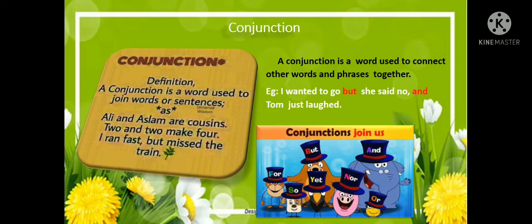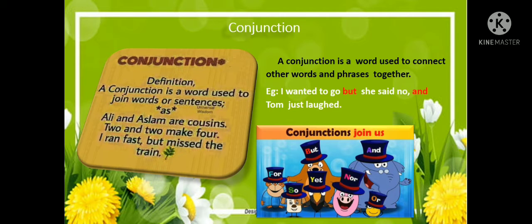Here, the words given in red color, but and and, are conjunctions. She eats bread and butter. And is a conjunction; it joins words. She left the room, but soon returned. But joins sentences.